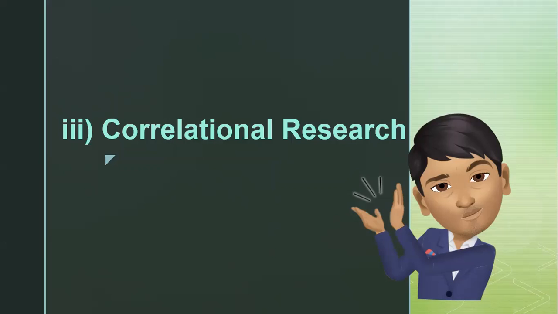So this is just a small topic, correlation research. I just want to review from the first of this unit, give the important points and proceed further. Okay, so let's see the recap.